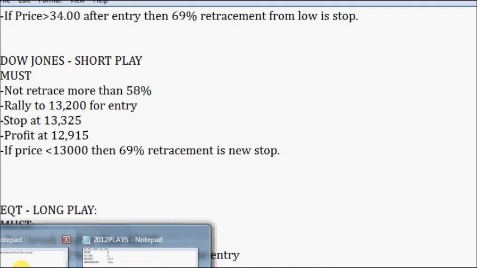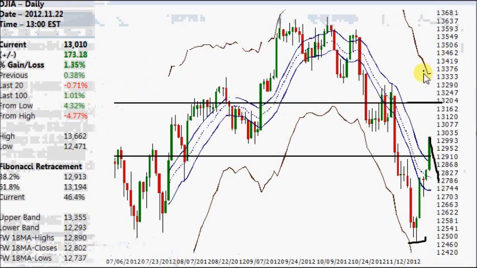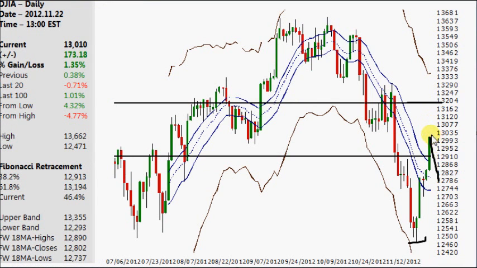That's an area that you would put a stop in at 13,325 and a profit at 12,915. 13,325 would be above this high, and then the stop is right at this line.